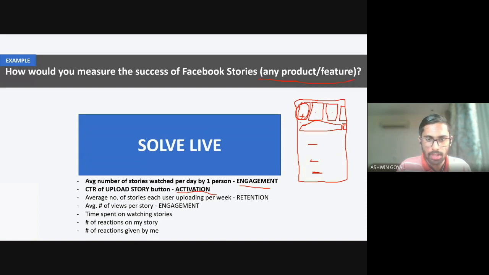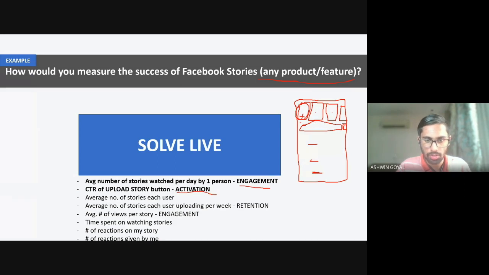So when we look at the average number of stories each user has uploaded in the first week, that would not be retention, that would be activation, right? Let's say each user uploads in their respective first week. That is activation. But when we look at all later weeks, we'll talk about retention.